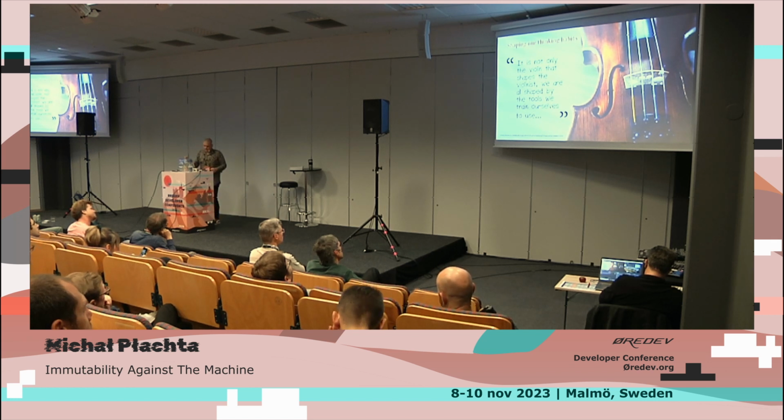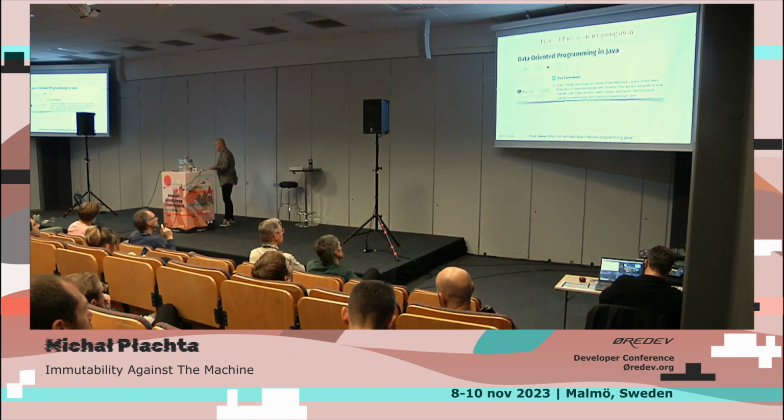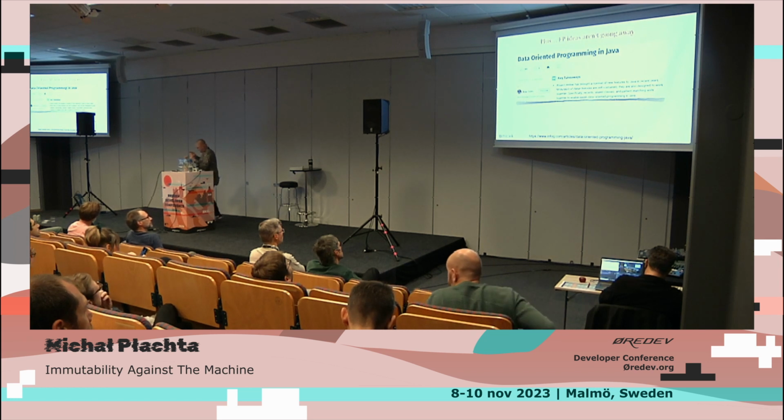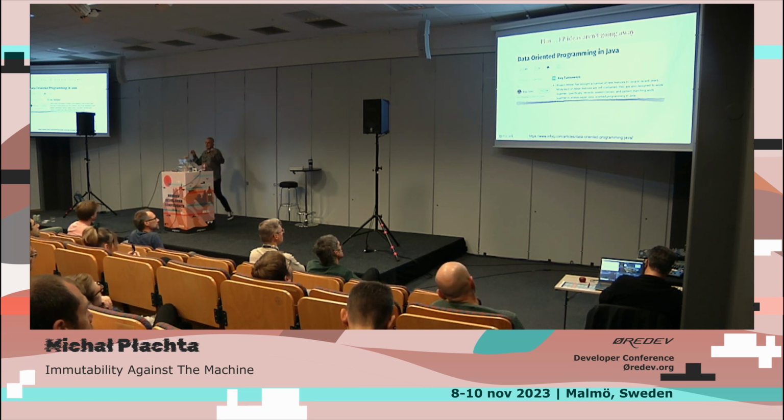And if that doesn't really convince you, there is this third argument. Brian Goetz, he's an architect of the Java language. He wrote last year this Data-Oriented Programming in Java article. When you look at this article, it talks about the future of Java and what kind of features we'd like to see.